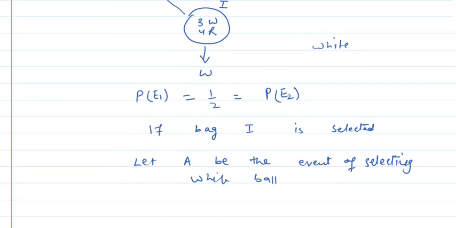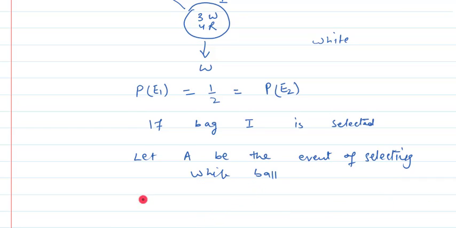Then, as we have done in the multiplicative law of probability, P(E1) is equal to 1/2, and after the happening of E1, the probability of a white ball will be 3/7. So the probability of selecting a white ball from the first bag will be 1/2 into 3/7.